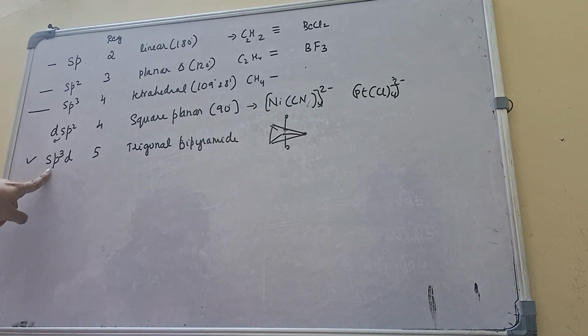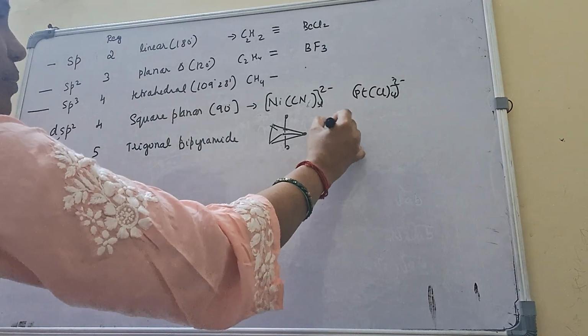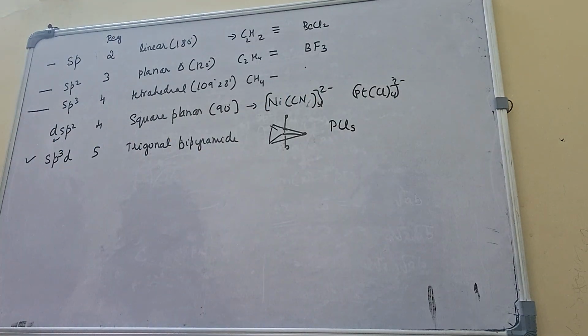Typically all the hybrid orbitals should have the same energy, but here you see they have different bond angles. That is also something which we will not study now, because this kind of hybridization is actually happening in 2 steps, sp2 and pd. It is beyond the scope. For now, let us understand this in detail. The example for this is PCl5.